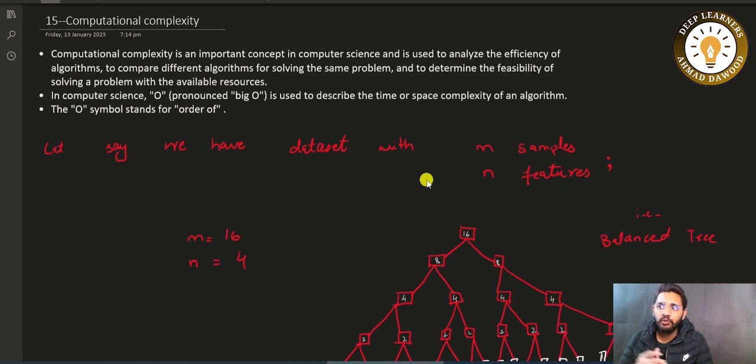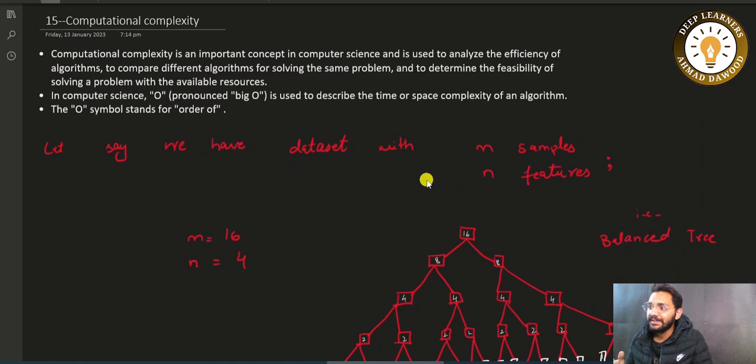So in that particular case, we will discuss the time complexity of decision tree. First we will discuss the time complexity when we are predicting some new data point by our tree that we have built. We will continue by considering an example so that you will get a clearer idea.